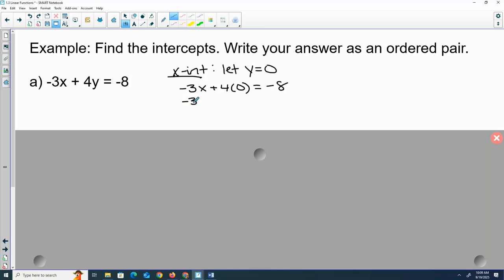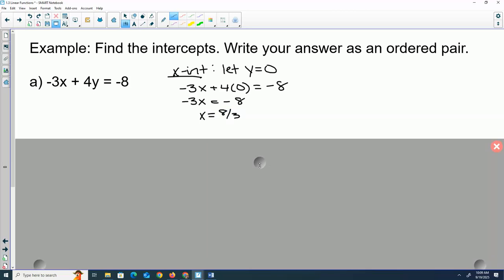So we get negative 3x plus 0, so I can just drop that, equals negative 8. So x is 8/3. If I ask for the ordered pair, though, how would I write that?